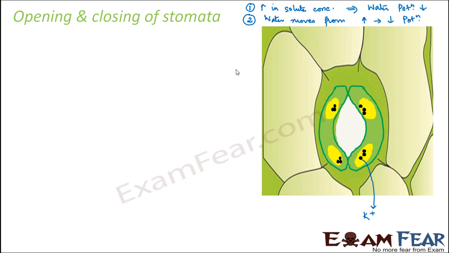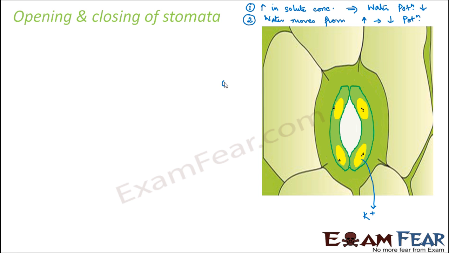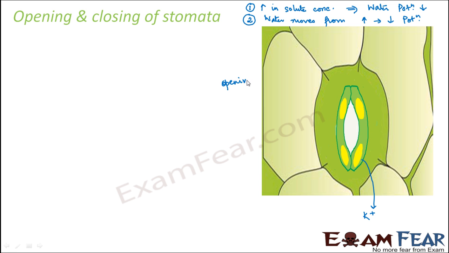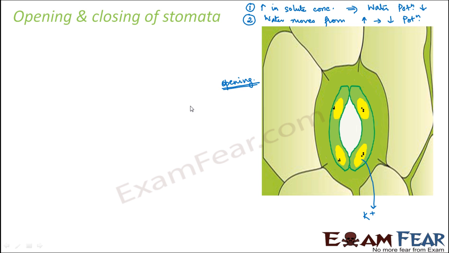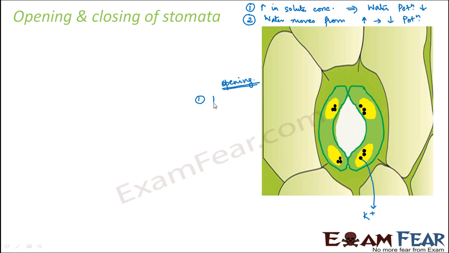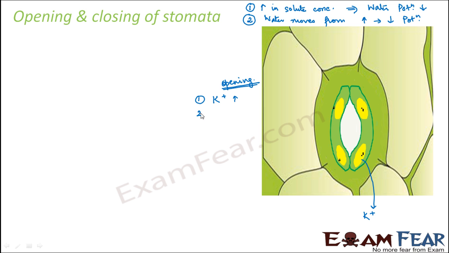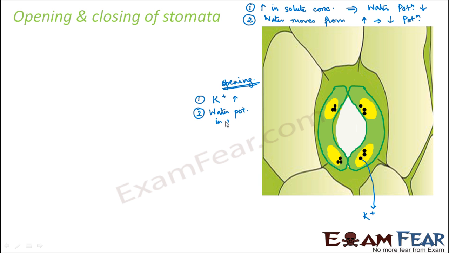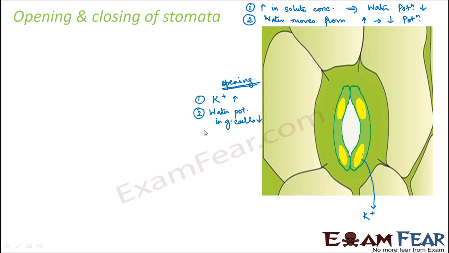Right? Now since this is a very important concept, we will write it once again. First we will talk about the opening of the pore. In the opening of the pore, the first thing that happens is potassium ion concentration increases. As a result of this, water potential in guard cells decreases.